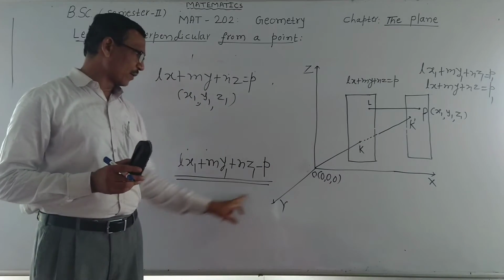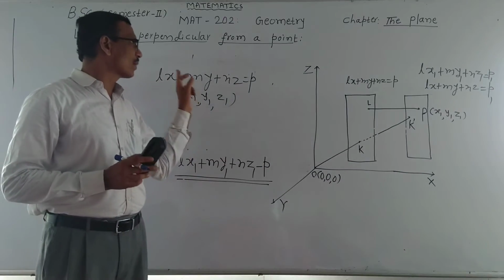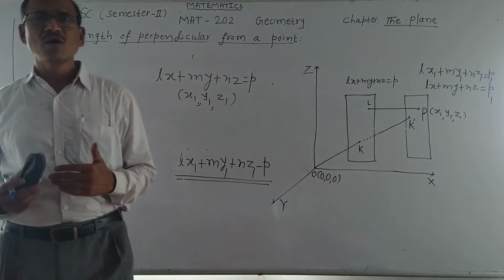Okay, this is the perpendicular distance when the equation of the plane is given in normal form.